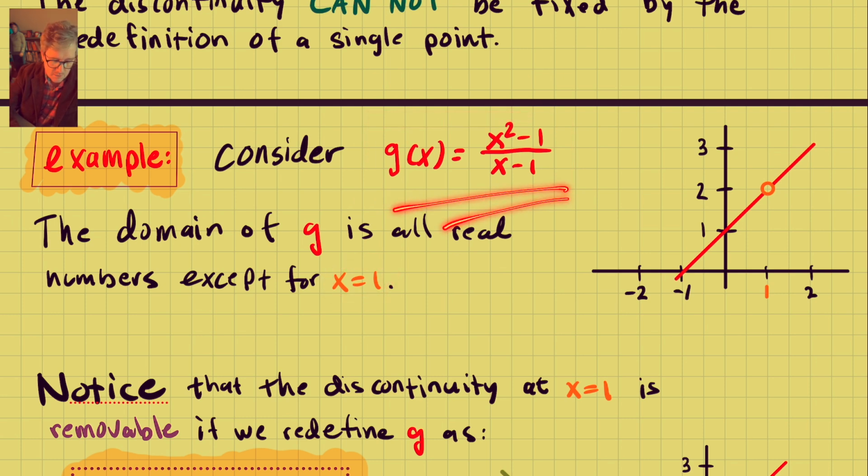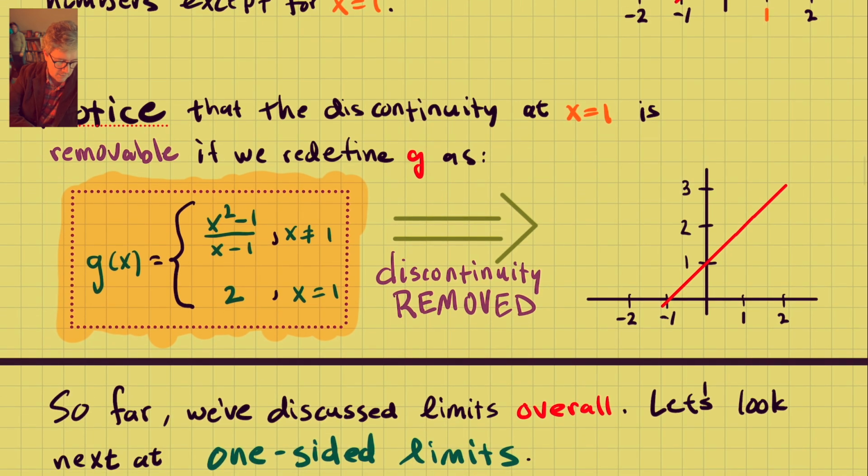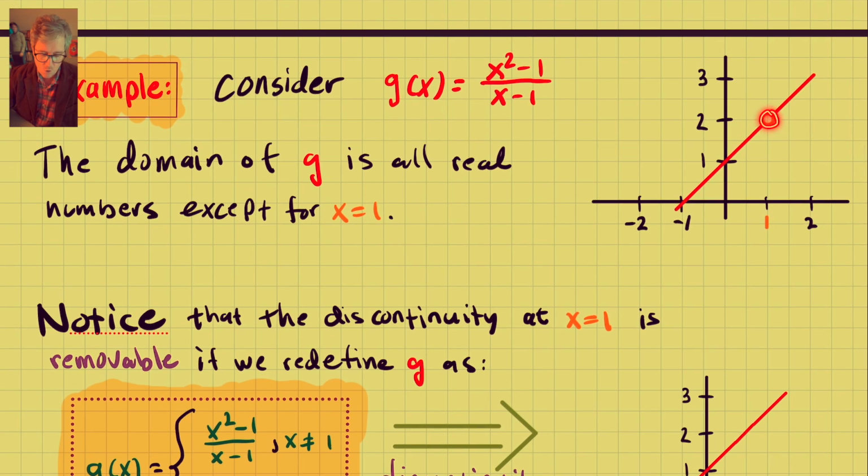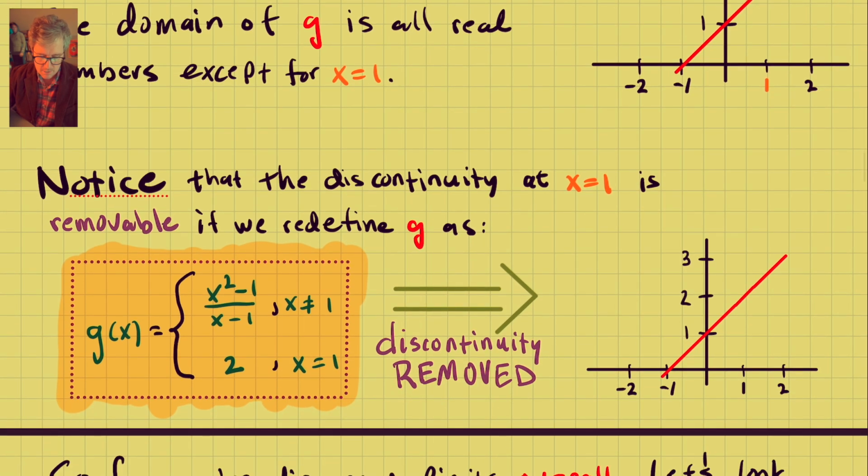We can say that g of x is equal to x squared minus 1 over x minus 1 whenever x is not equal to 1, and we can set g of x equal to 2 when x is equal to 1. Notice that removes the discontinuity. The function goes from having a hole here to being a nice, smooth, normal function.